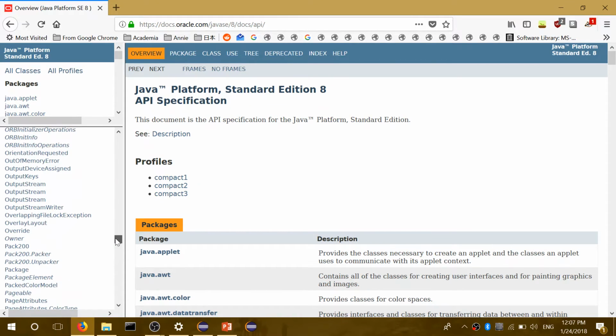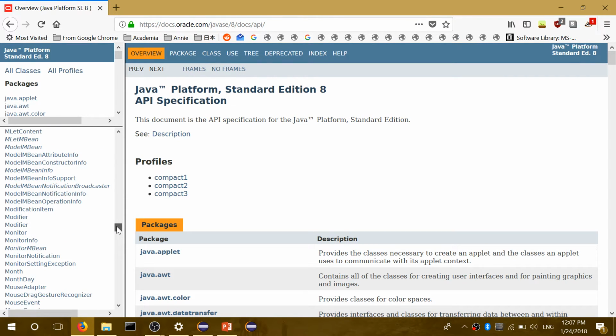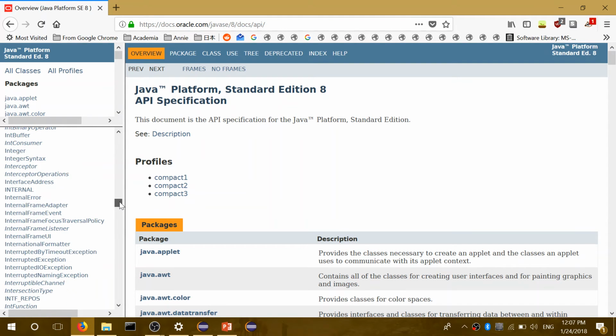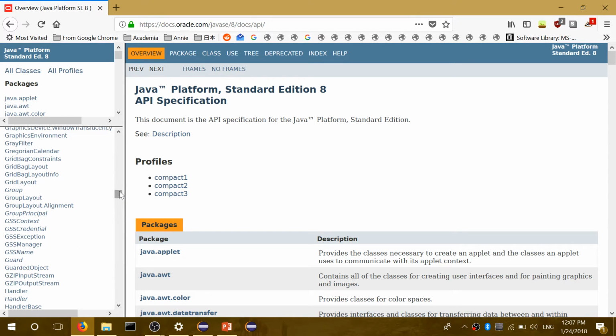These are just tools that already exist, already written in Java, and this is a lot of stuff. The idea is that not every program is going to need to know all the details about the Gregorian calendar.